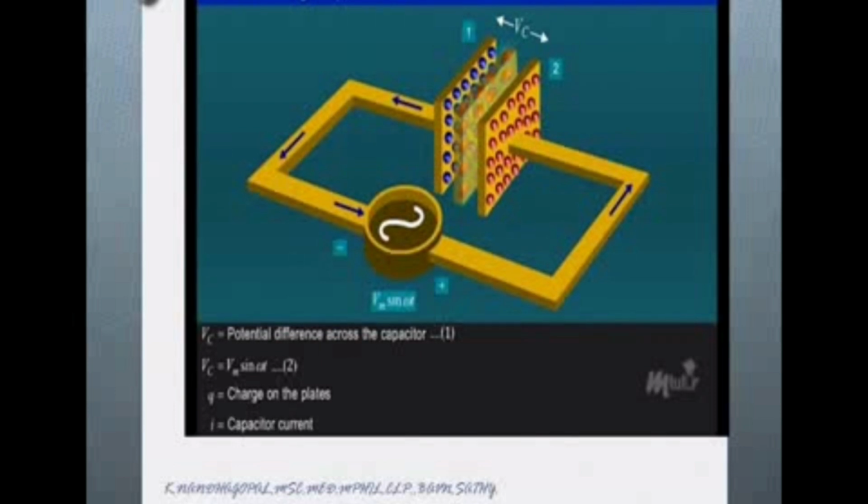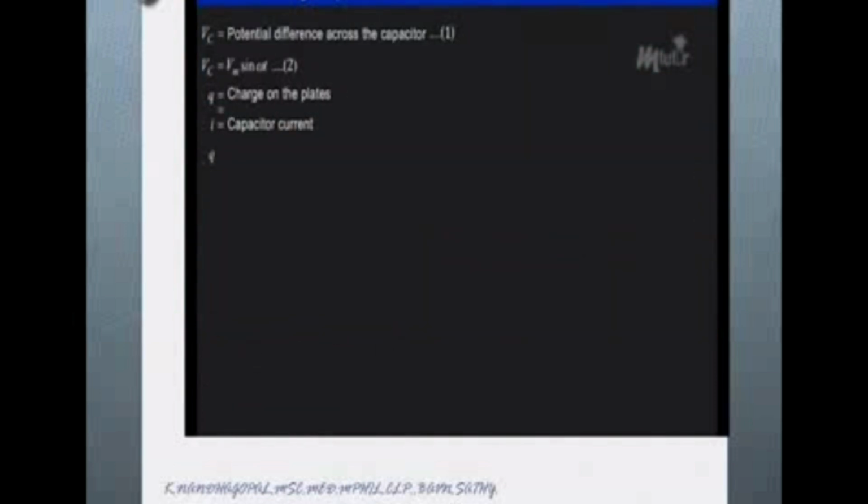Q is the charge on the plate, and I is the capacitor current. Now you see that Q equals C into V, already you know that, where C is the capacitance and V is the potential. So V equals Vm sin omega t. So substitute that value in that equation.